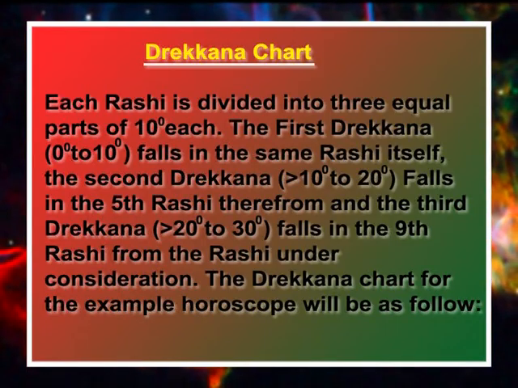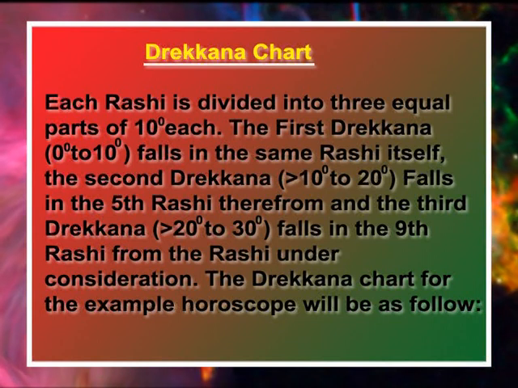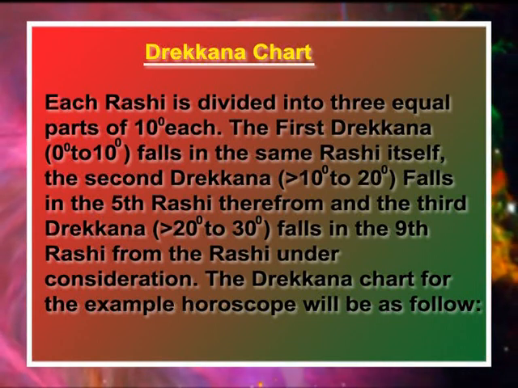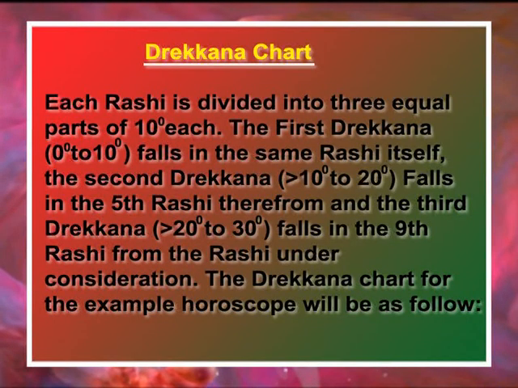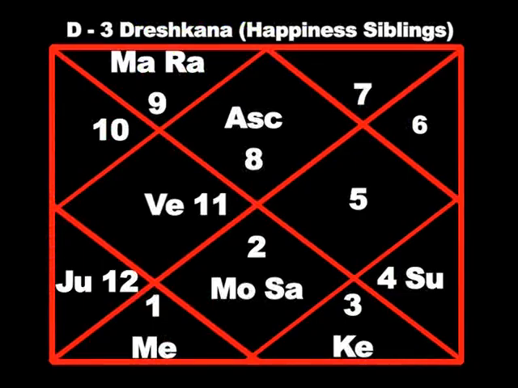D3, the Dreshkan chart, we divide into 3 parts, 10 degrees each. The formulae given for arriving at the D3 chart is given in the table. D3 normally is given for the happiness from the siblings, the profit, the labh or the gains.